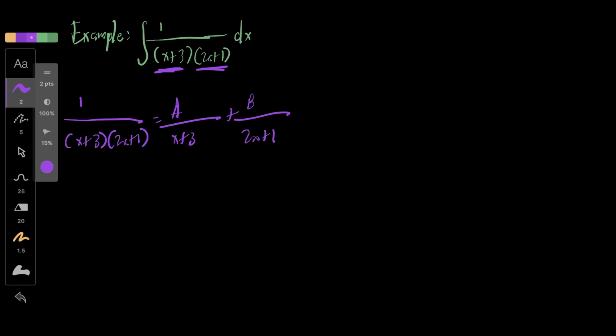So, let's multiply this out. We get a multiplied by 2x plus 1 plus b multiplied by x plus 3 is equal to 1.